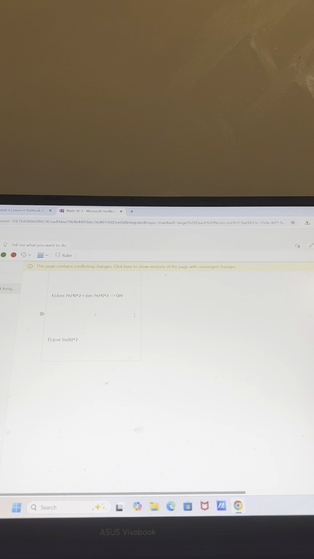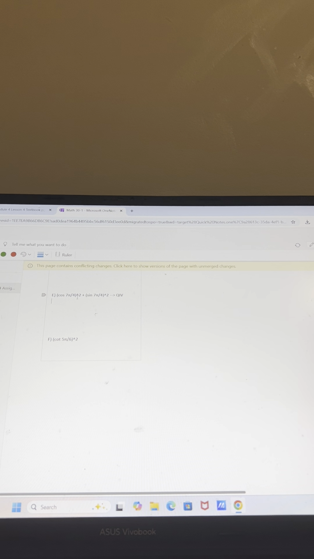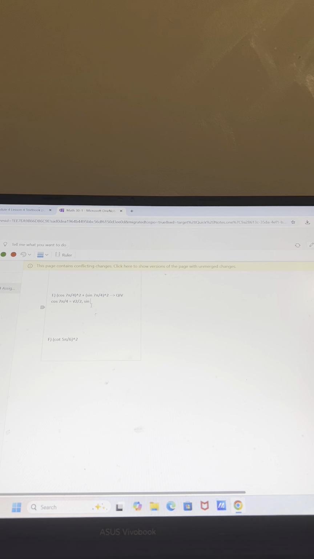So I'm just going to write that down. Cosine is equal to square root of 2 over 2, and sine of 7 pi over 4 is going to equal negative square root of 2 over 2.